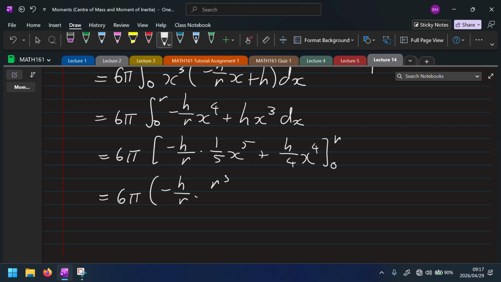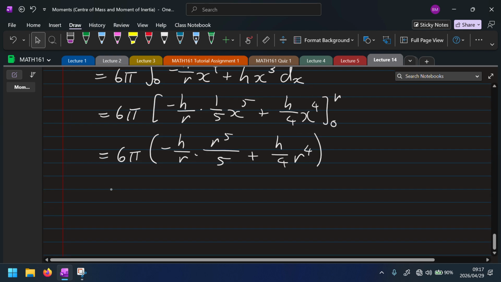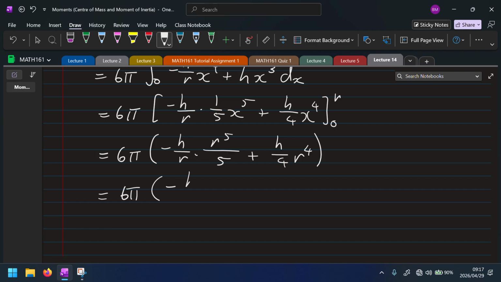So r to the 5 over 5 plus h over 4, r to the 4. Okay, first term there, we've got r to the 5 at the top. We've got another r at the bottom. That can cancel. So we're left with minus a fifth, h over 5 r to the 4, plus h over 4 r to the 4. That's good. We can add these together.